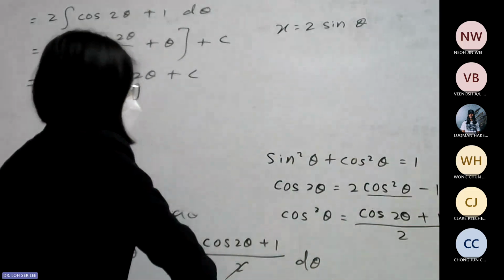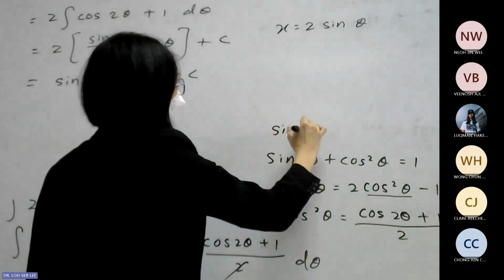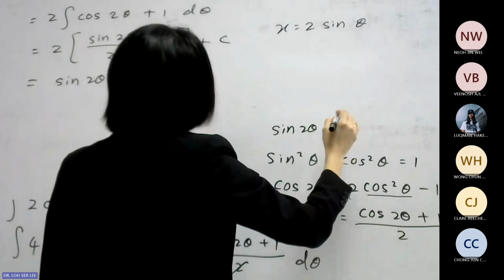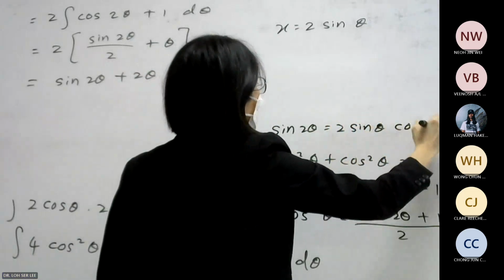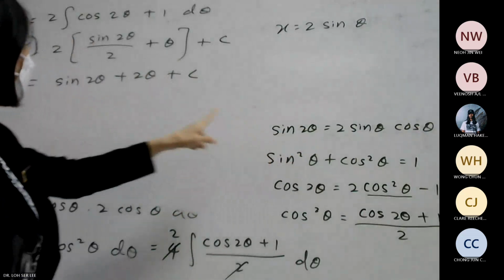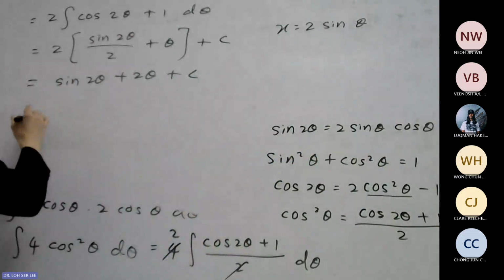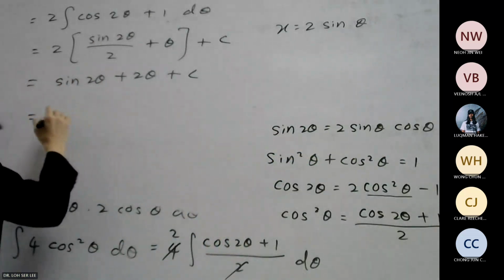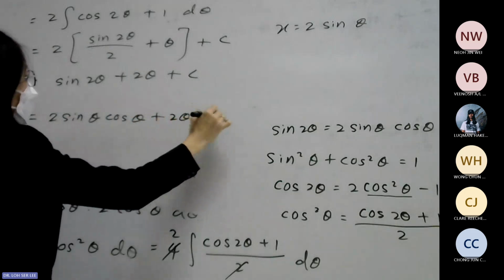There are a number of identities, but these are the most used. Sine 2 theta is 2 sine theta cos theta. Now we use this sine 2 theta, and we have 2 sine theta cos theta plus 2 theta plus c.